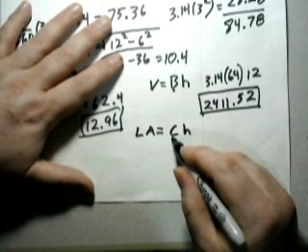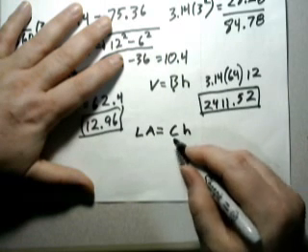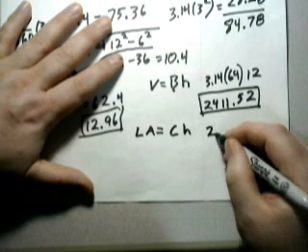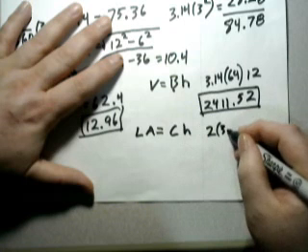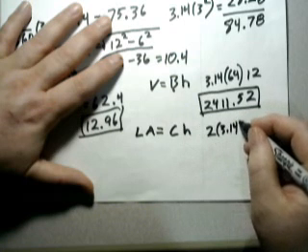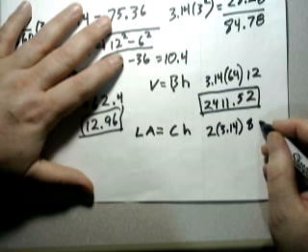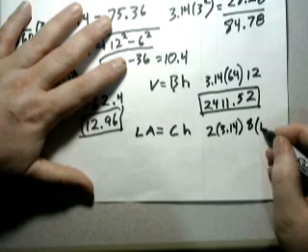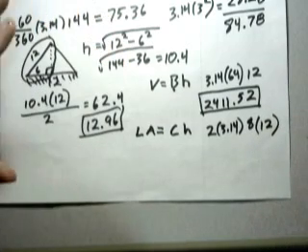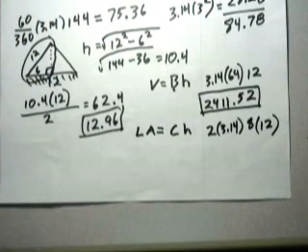And we know that the circumference is 2 times pi times r. So that's the circumference, and then we need to multiply that by the height, which is 12. So this will get the lateral area.